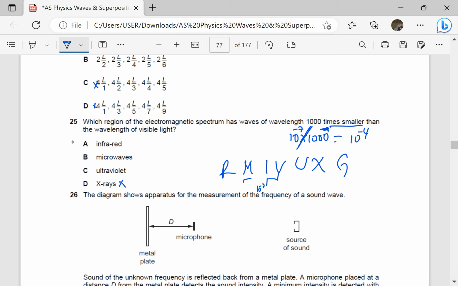So this would be 10 power negative 10. I think 10 power negative 10 is automatically X-rays. Don't even think much. 1,000 times smaller, we divide by 1,000. That is 10 power negative 10 meters, which will be X-rays.